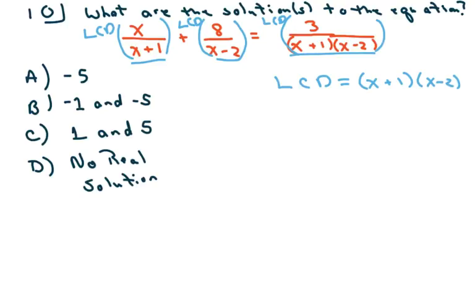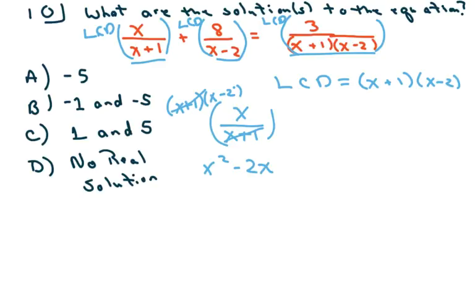And when I do that, when you multiply this term, you get x over (x plus 1). Your LCD is (x plus 1) times (x minus 2). So these cancel, and then multiply those two, and you get x squared minus 2x. Now do the same thing for this, and what's going to cancel is the x minus 2.